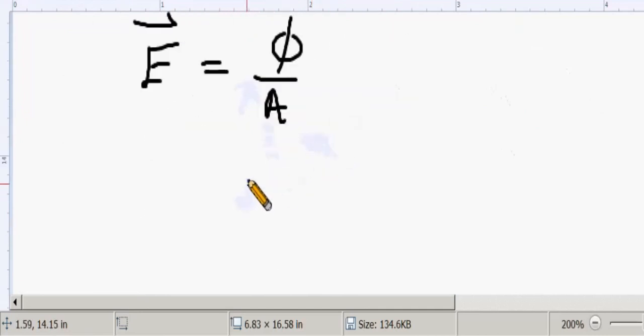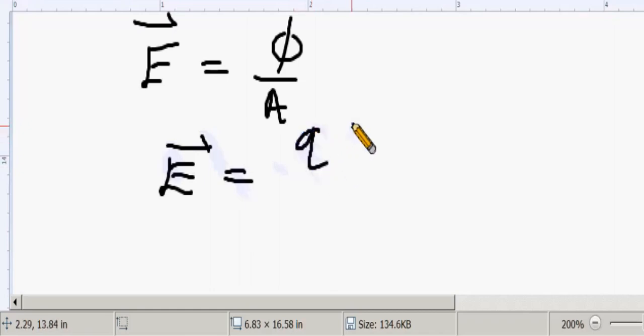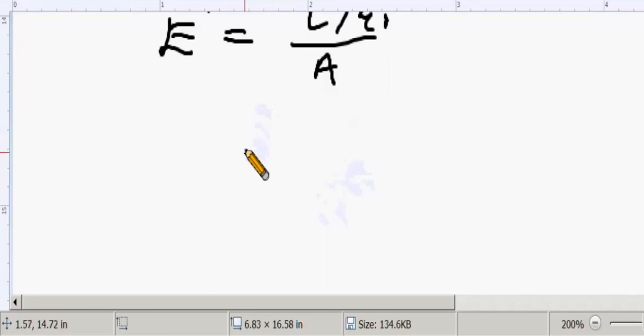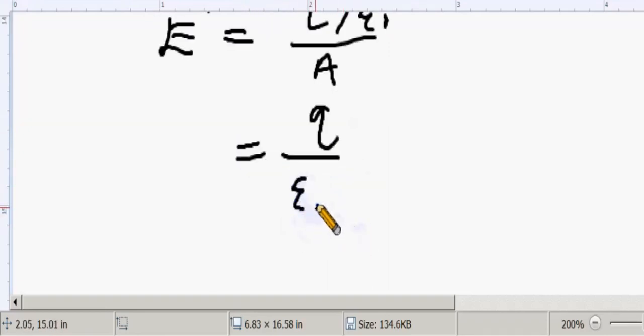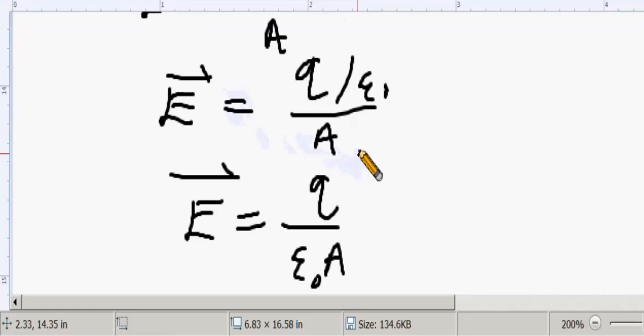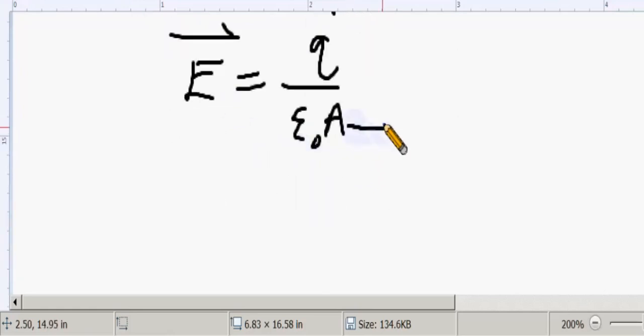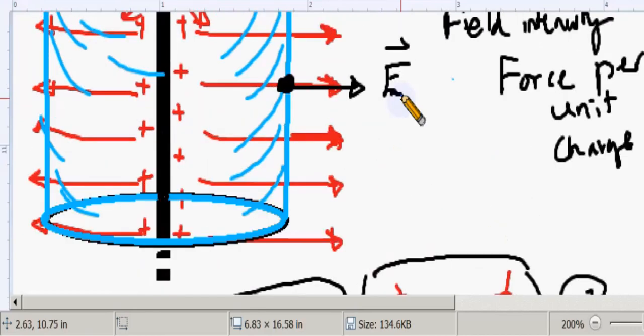Then we can write E equals Q over epsilon naught divided by A. So we get Q divided by epsilon naught A. Field intensity equals to that one. Then the problem is, what is A? A is the area of the Gaussian surface. So we have to find out the area of this Gaussian surface.